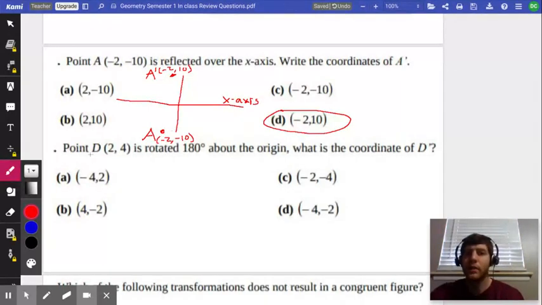All right, point D, (2, 4), is rotated 180 degrees around the origin. What are the coordinates of D prime? Well, we know the rule for rotating 180.